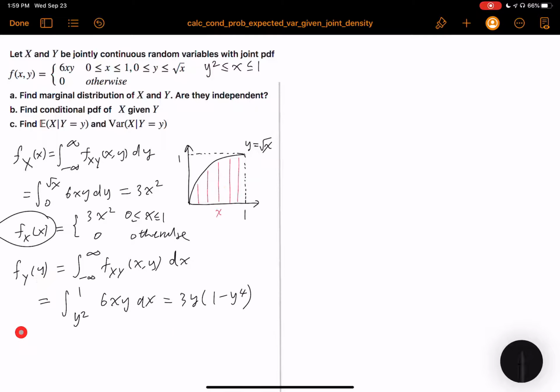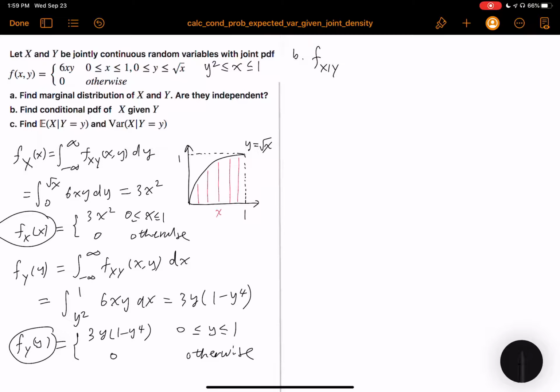So now let's write down the density function of Y. It is equal to 3y(1 minus y to the fourth) when Y is between 0 and 1, and 0 otherwise. So now we have the marginal density of Y. Let's look at part b. B is to calculate the conditional density of X given Y.